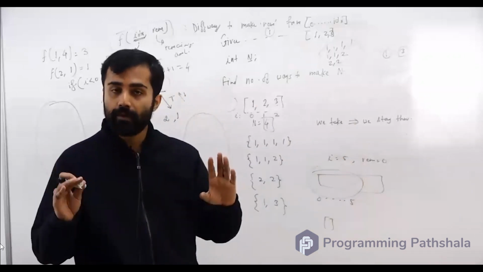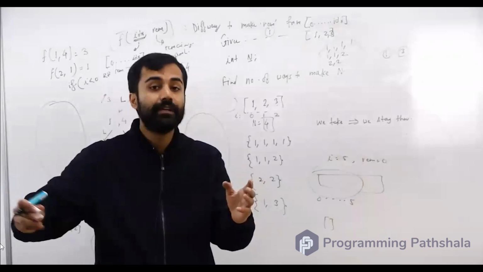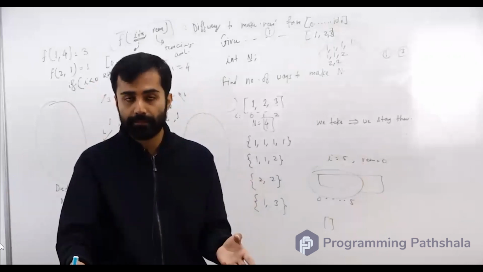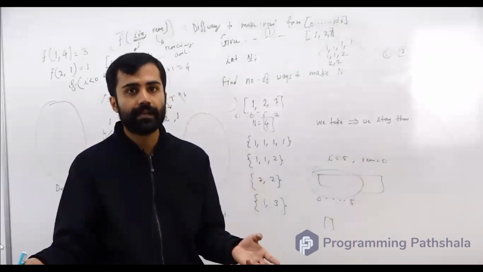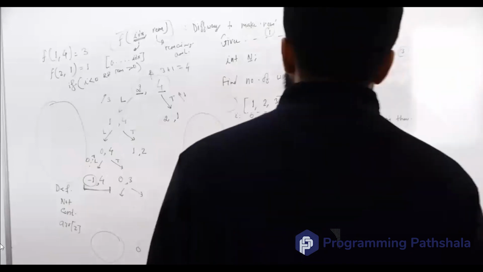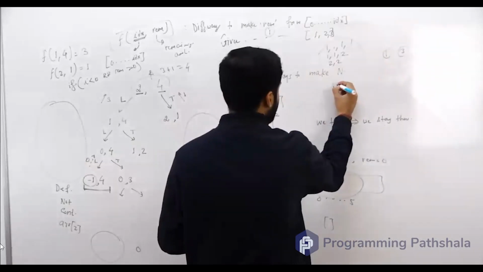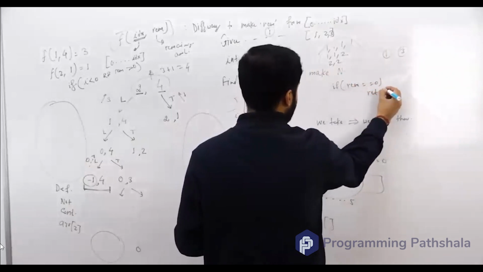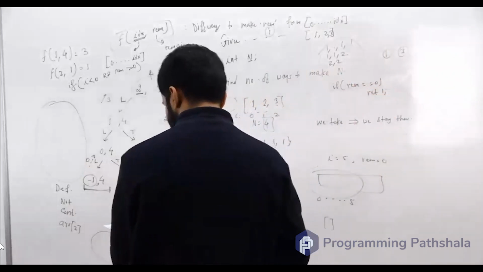Why? Because no matter how many denominations I have, there is one and only one way to make 0 rupees, which is to take the empty combination. And I can take the empty combination at any point of time without knowing what denominations I have. So that will be our first important termination condition. The moment remaining amount is 0, just return 1. There is only one way for that.